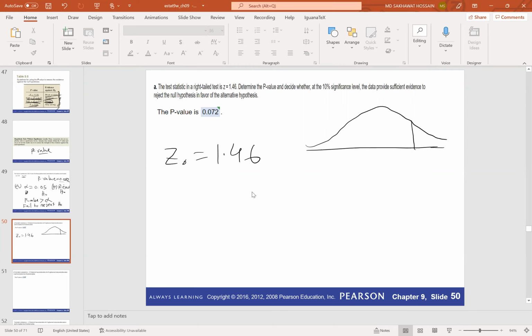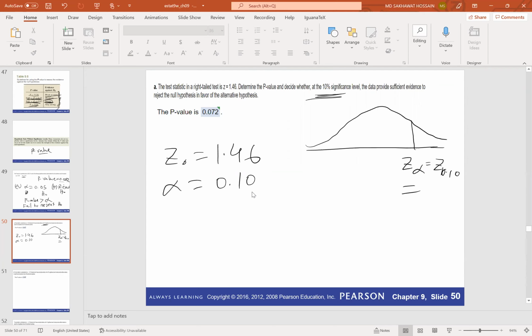This is given, and the level of significance is 10%. So alpha is 0.10, and this is the critical value, z alpha, which is z 0.10. We do not need to find the critical value right now.